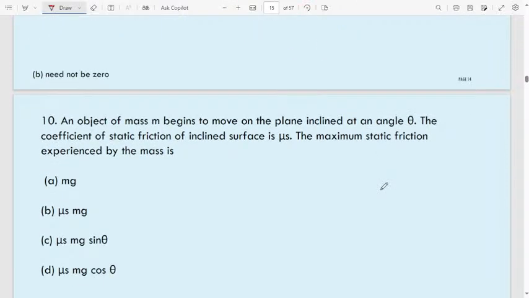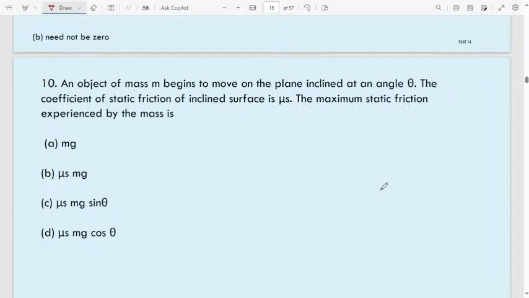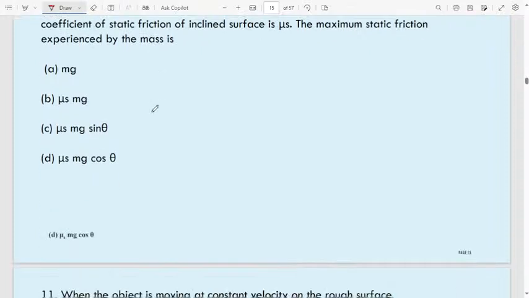Let us move to the next question. Question 10. An object of mass m begins to move on a plane inclined at an angle theta. The coefficient of static friction of the inclined surface is μs. The maximum static friction experienced by the mass is: the correct answer for this question is option 4.